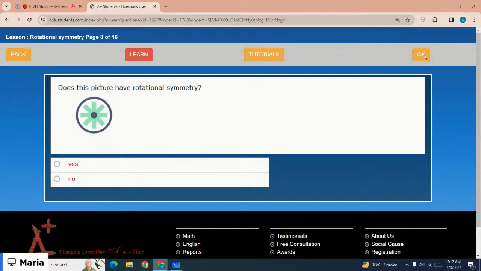Does this picture have a rotational symmetry? Yes, right. The correct option is yes.